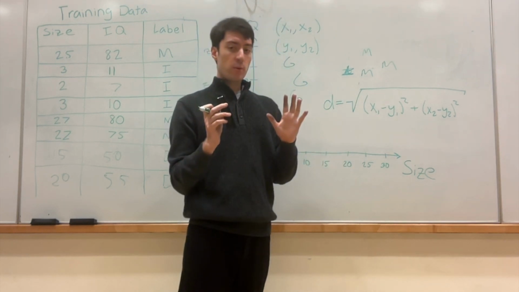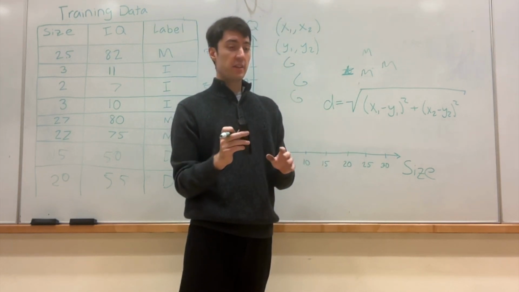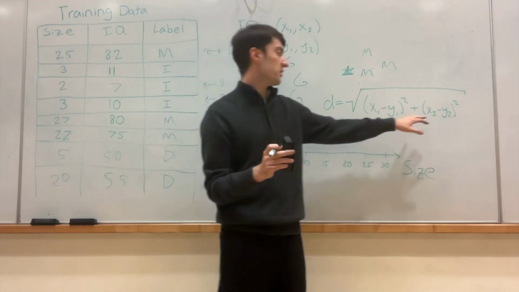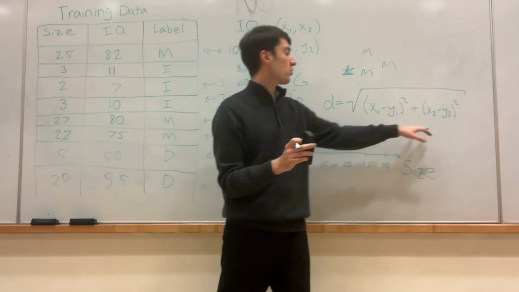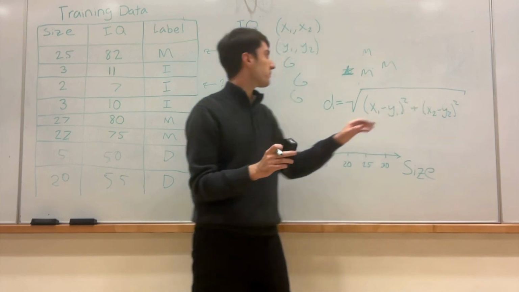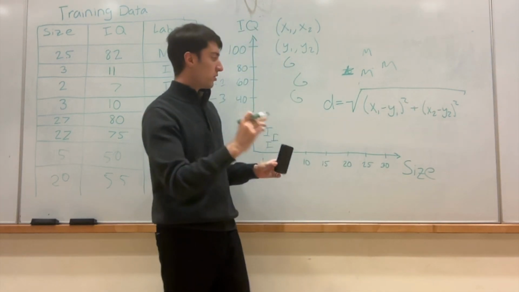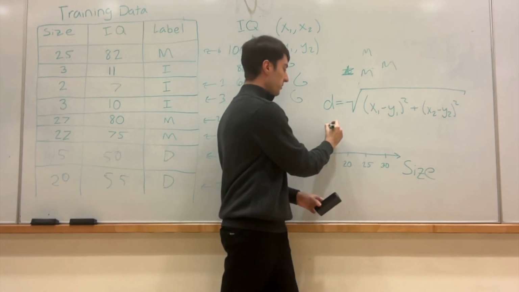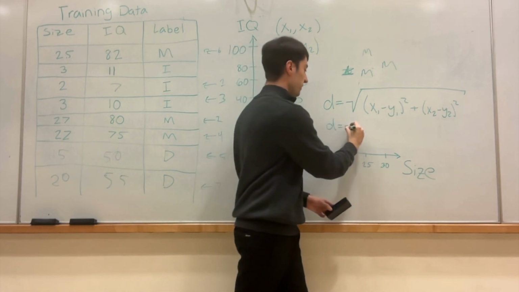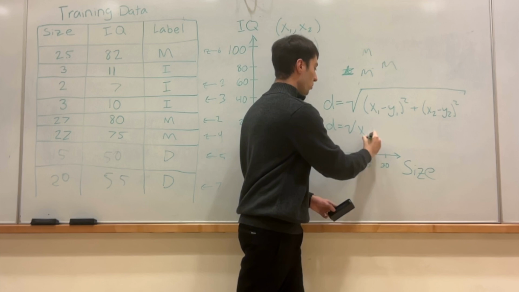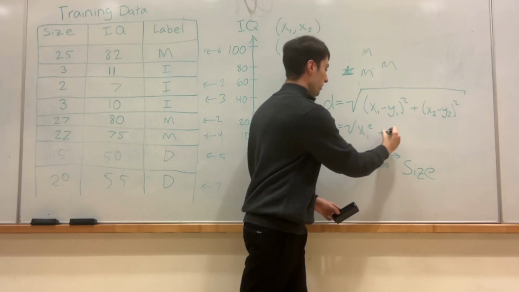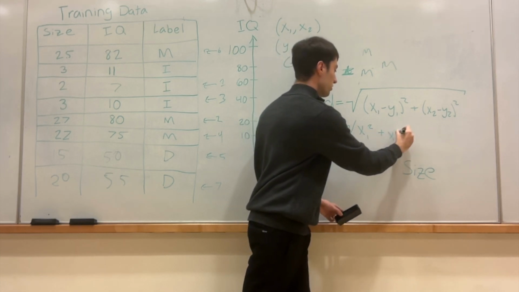Well, the most common way of calculating distance is Euclidean distance, which is given by this equation right here, okay? So you might have noticed this equation might seem more familiar if I go like this: x1 squared plus x2 squared.